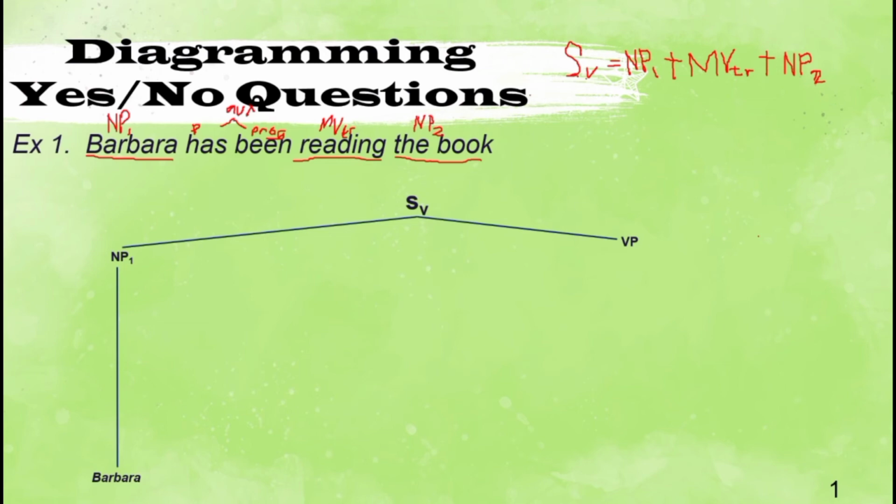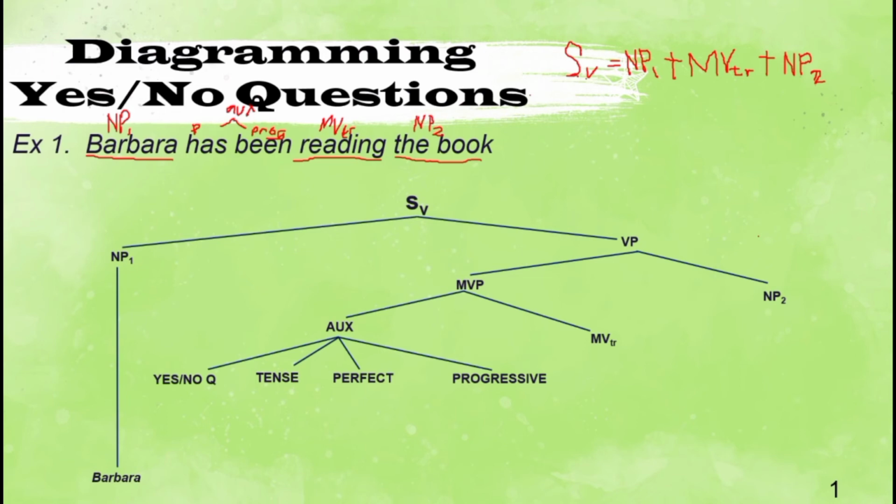The verb phrase consists of the main verb phrase and the noun phrase subscript 2, while the MVP, or the main verb phrase, consists of the auxiliary and the symbol MV with transitive. So we will put the has been in perfect and progressive, then the symbol MV with transitive, and noun phrase subscript 2 is the book.